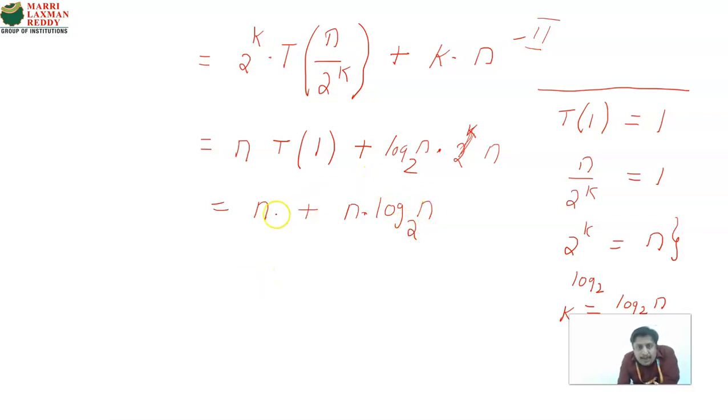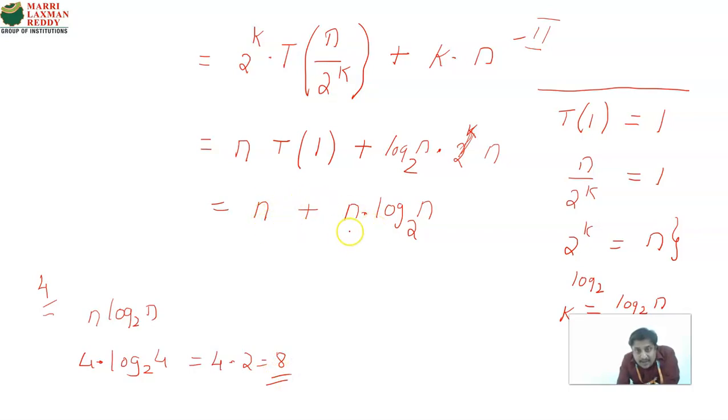If you try some value, let's say n is 4, then n log n will be 4 into log 2 of 4, which is equal to 4 into 2, that is 8.